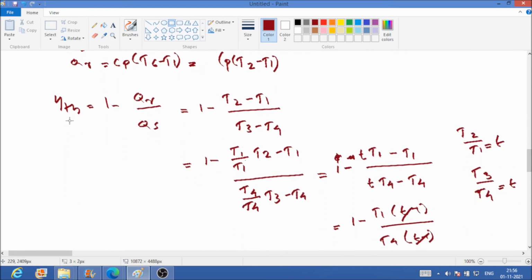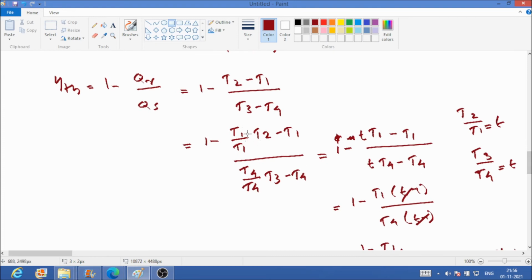Now the efficiency of this cycle is equal to 1 minus QR by QS, that is QS minus QR by QS, work output by heat input, and this is equal to 1 minus T2 minus T1 by T3 minus T4. I multiply this T2 minus T1 by T1, and here also I multiply this T3 minus T4 by T4.